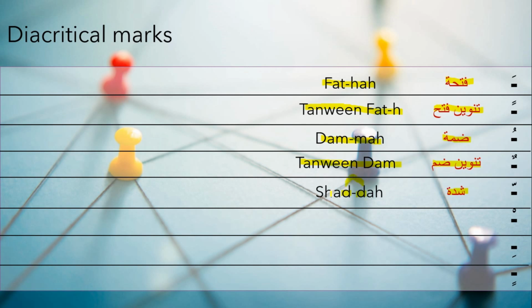As you can see here, the name of this diacritical mark explains itself. The letter D is duplicated. This is exactly what the shadda does. And sukoon, and then kasra, and then last but not least tanween kasr.